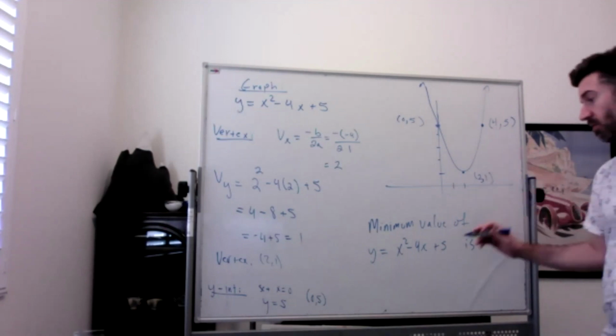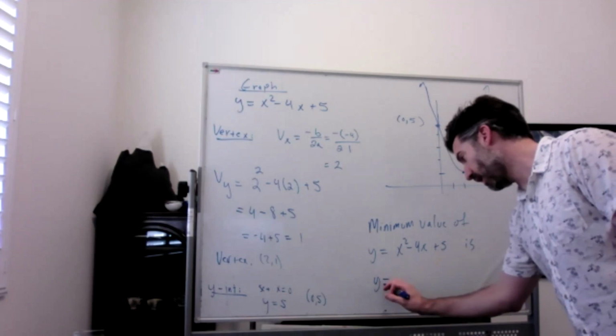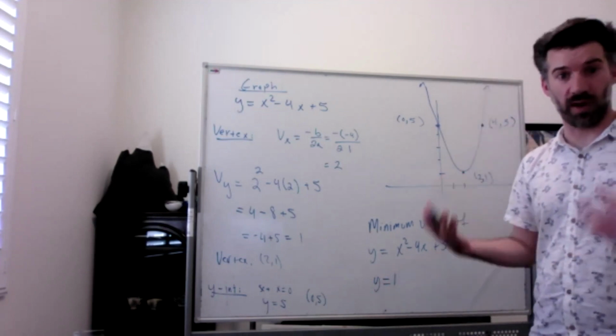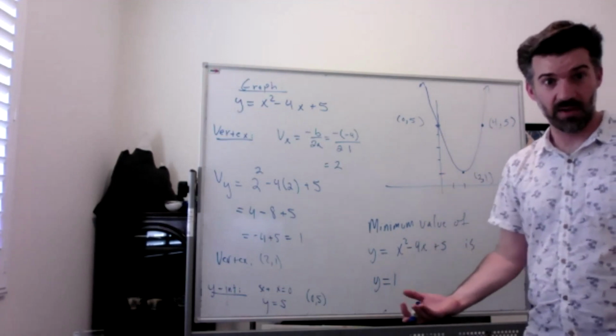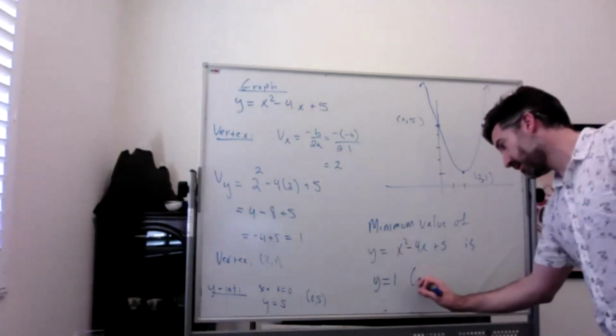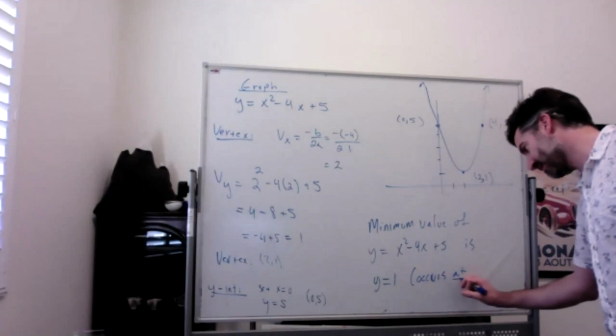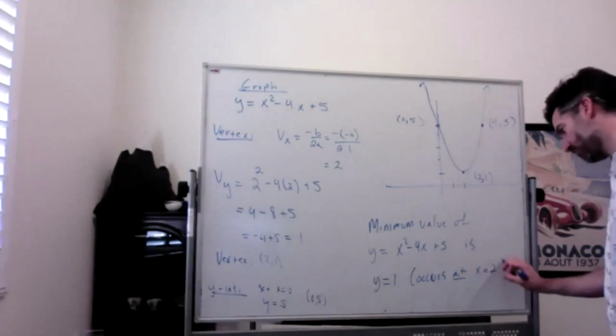The minimum value is y equal to 1. That's the smallest value the graph of the parabola can have. And I would say it occurs at x equal to 2.